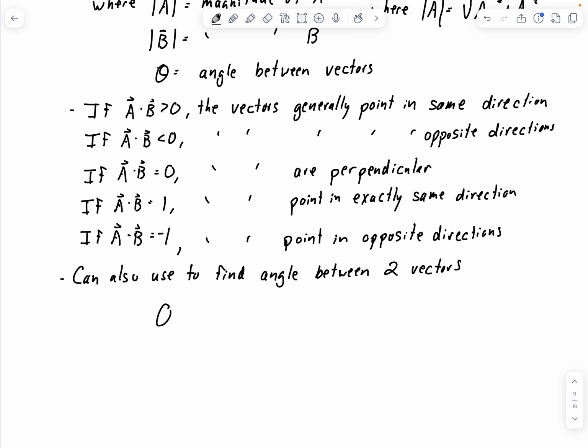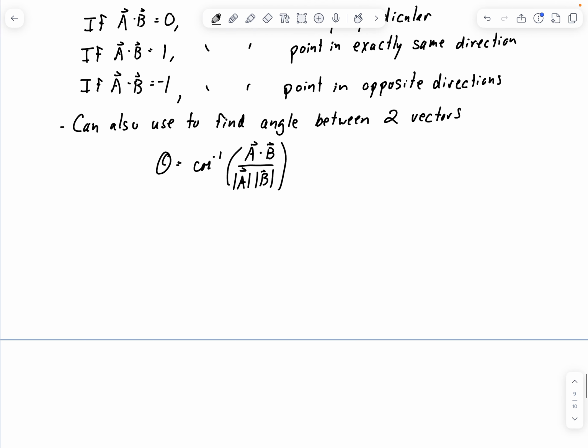And we can do this with the following formula. So we have A dot B in the numerator, and in the denominator we have the product of the magnitudes of A and B. Now we'll do a couple of examples.